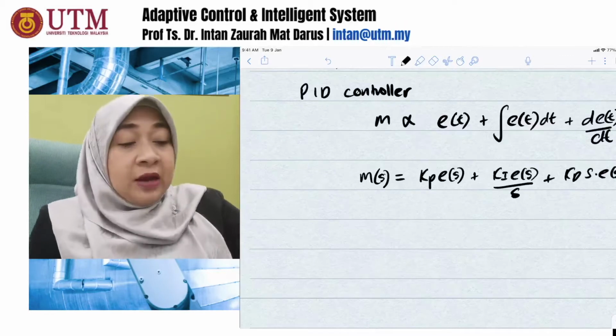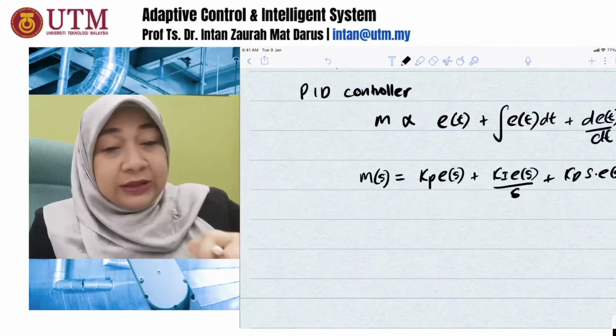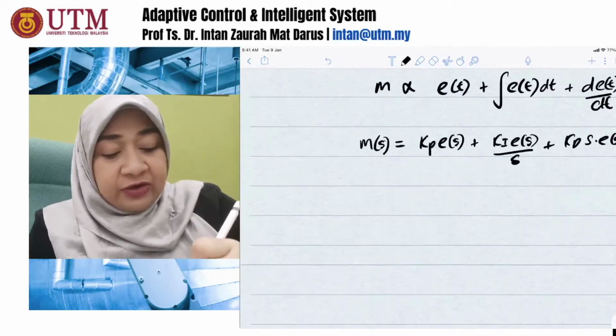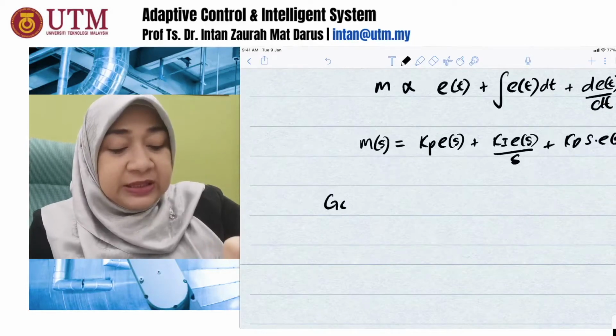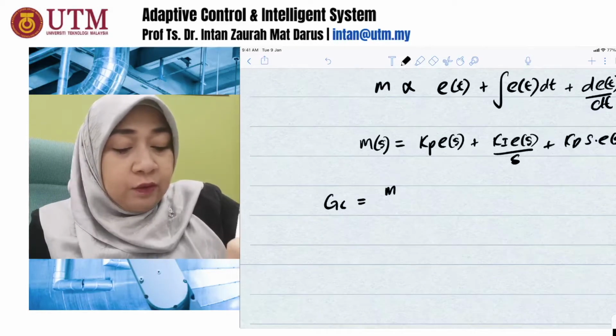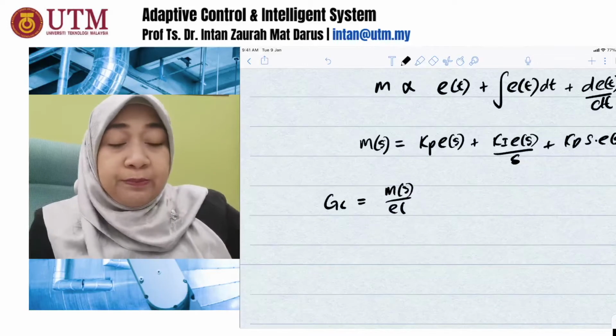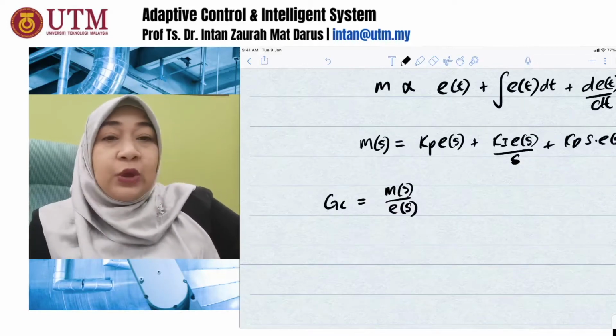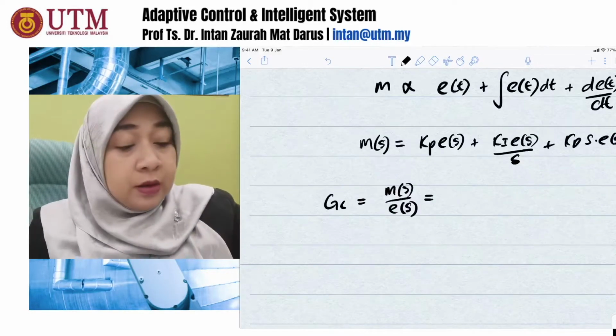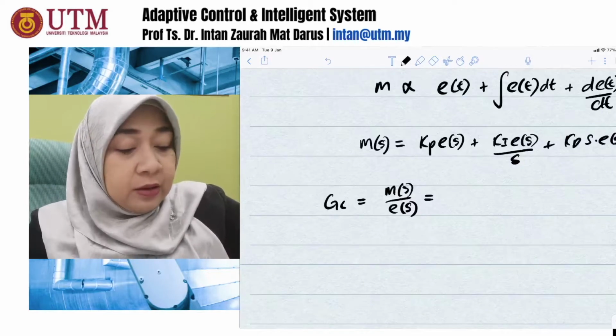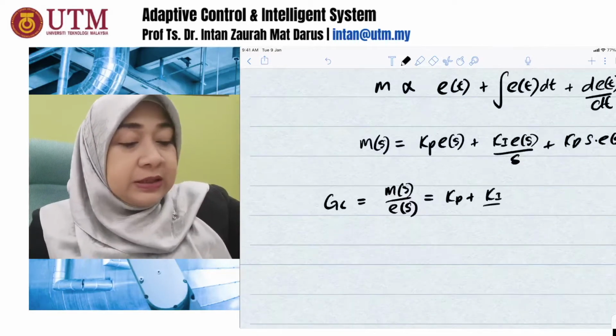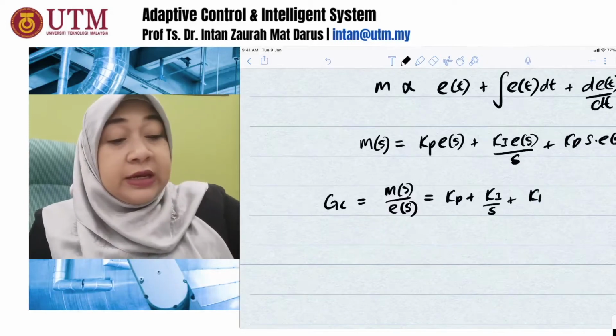Then if I collect all the error together, the transfer function of my system Gc equals M(s) over E(s), because it is output over input. That will be equivalent to Kp plus Ki over s plus Kd s.